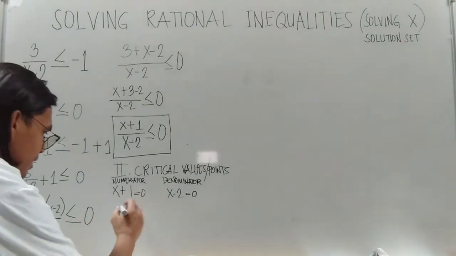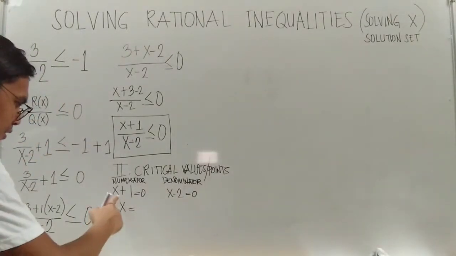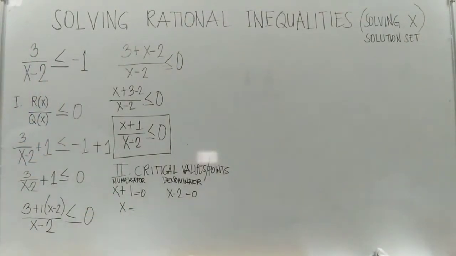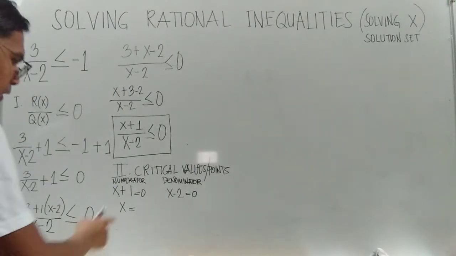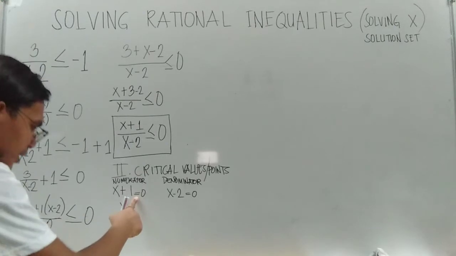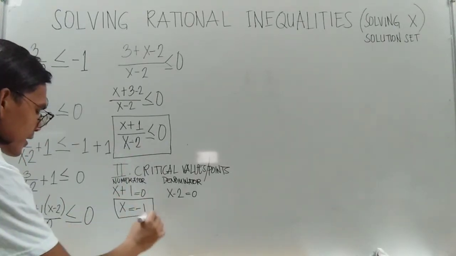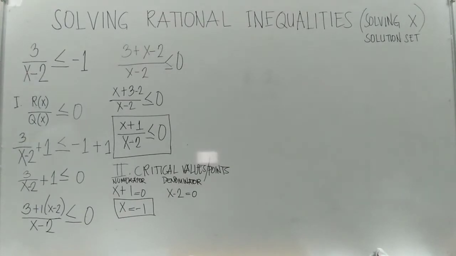So equating it to 0, let's find the root. For x plus 1, by the subtraction property of equality, because we have an equal symbol here, we get x is equal to negative 1.